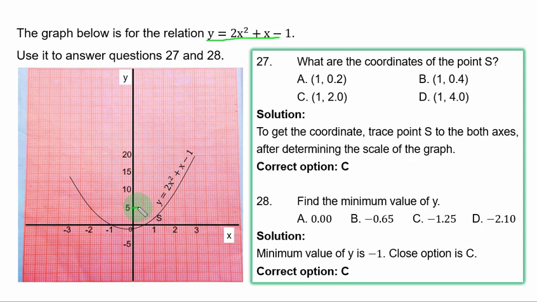So if you trace point S to the y-axis, you have it directly at this point. S is here.